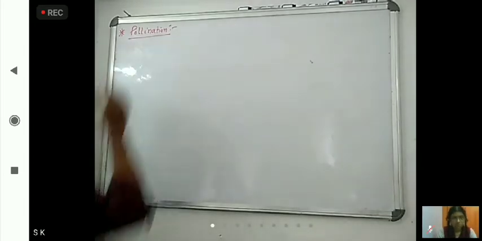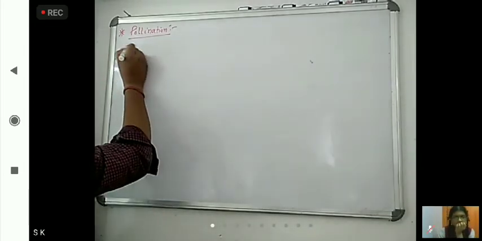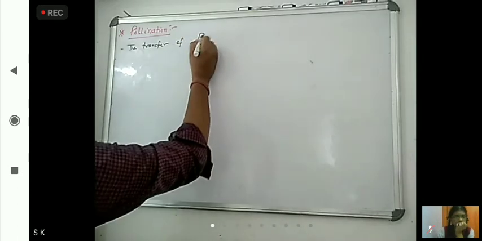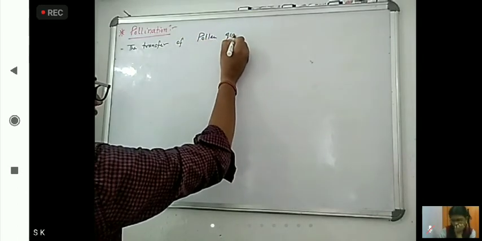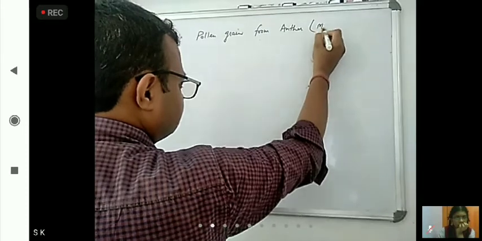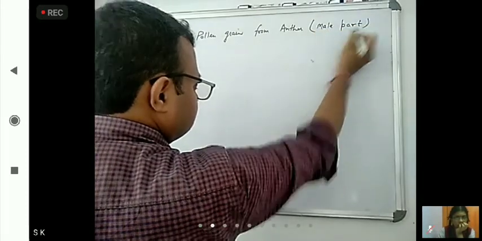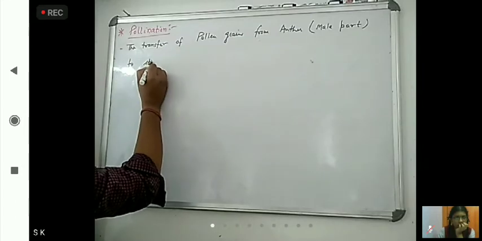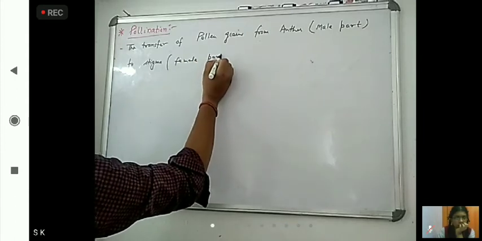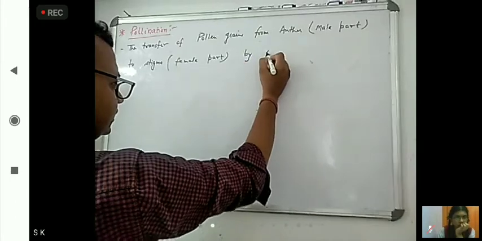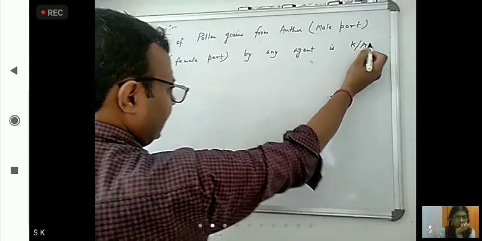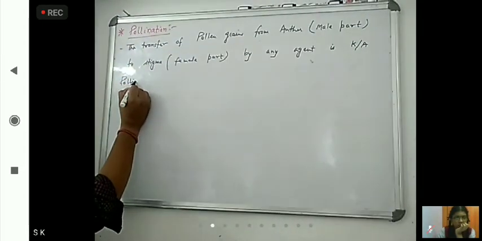So the transfer of pollen grain from anther, meaning male part, to stigma, meaning female part, by any agent is known as pollination.